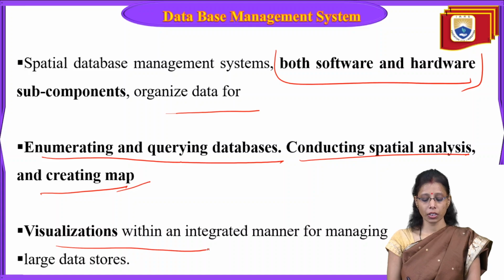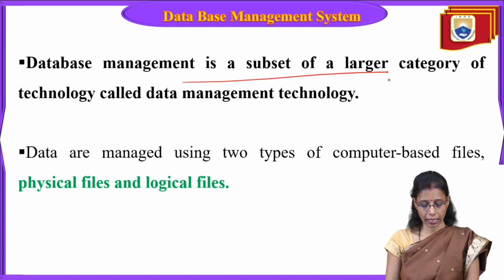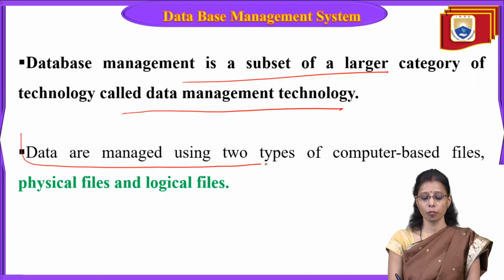So, visualization in an integrated manner for managing large data stores. A database management system is a subset of a larger category of technology called data management technology, and data are managed by two types of computer-based files.